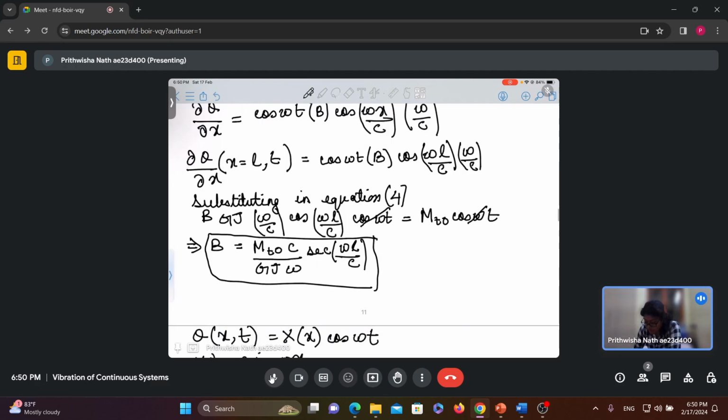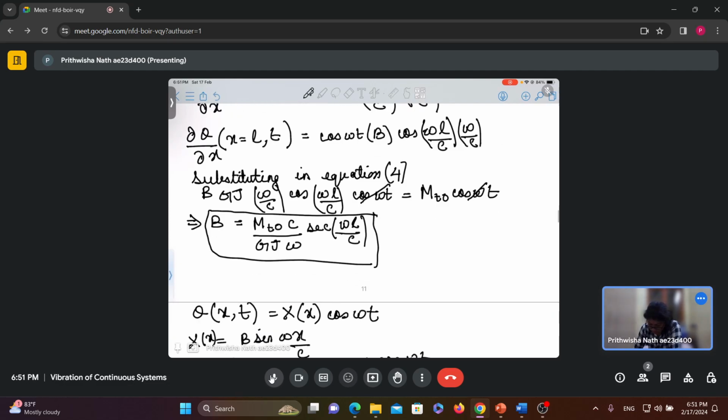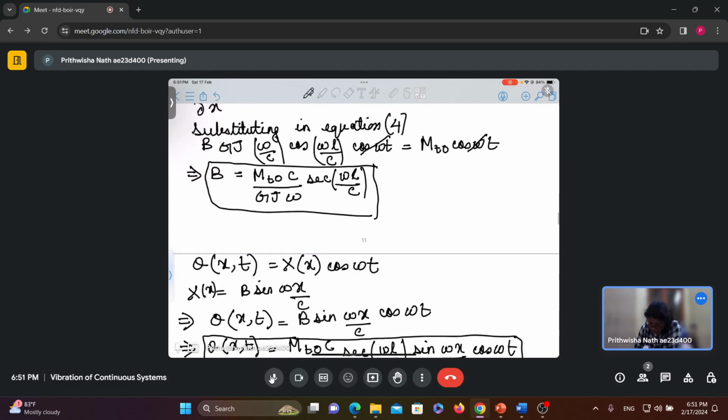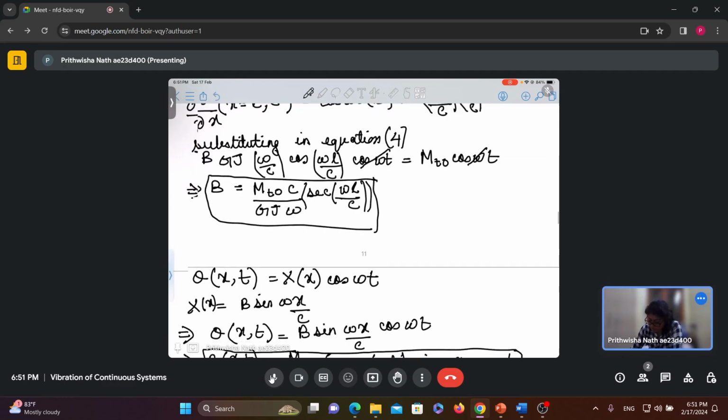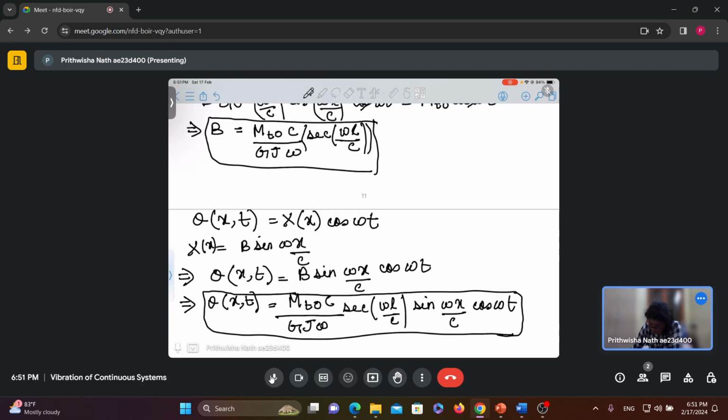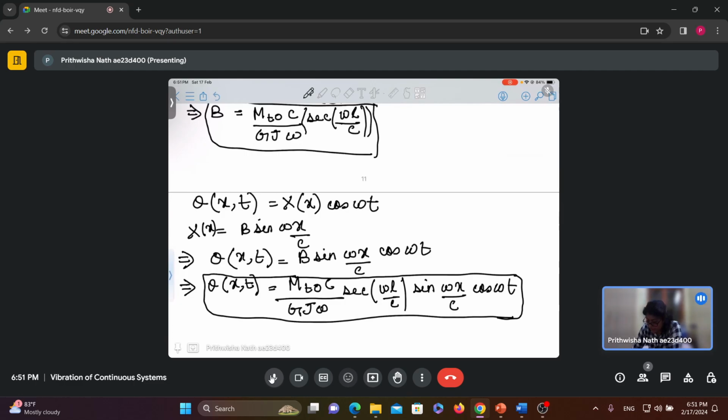So I rearrange this equation to find b, which turns out to be M_t0 into c divided by GJ into omega into this term. So now I know the value for b.